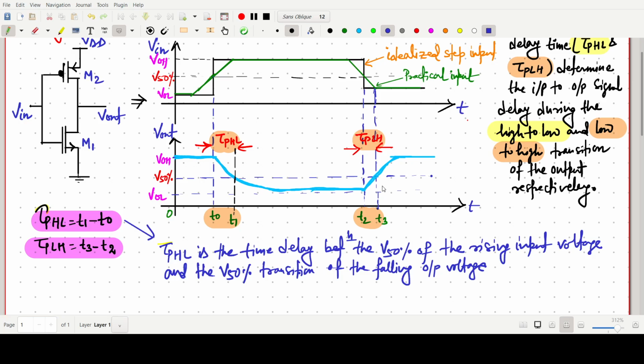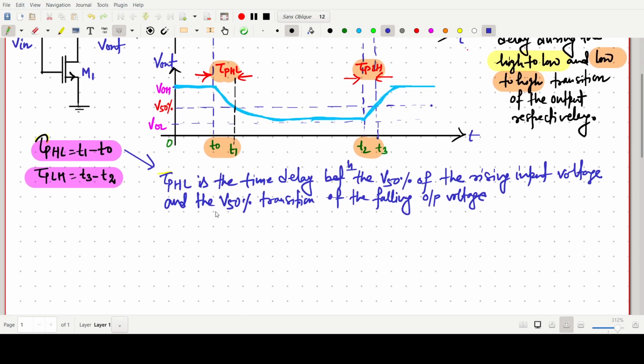Similarly, we can write the definition for this one.